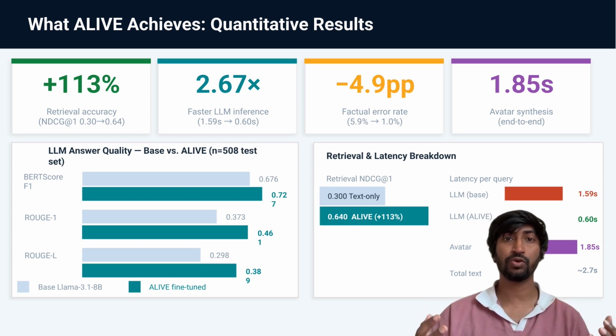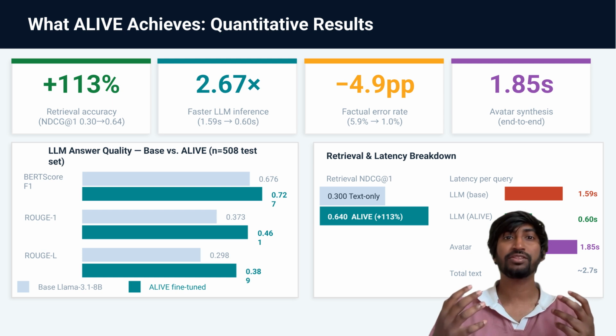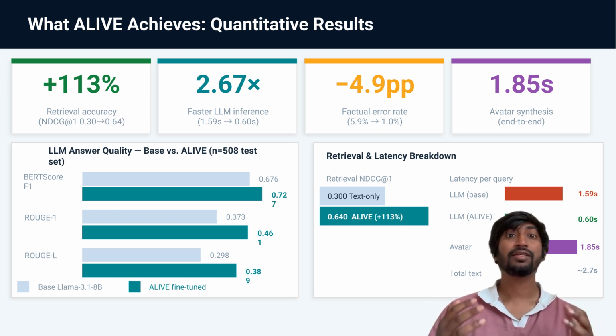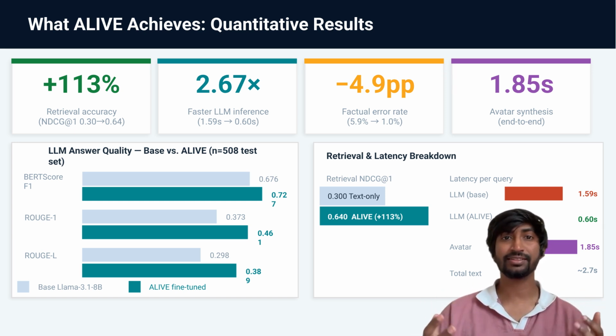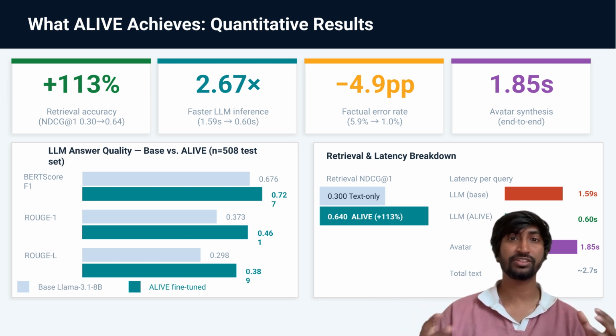The fine-tuned model improved BERTScore and ROUGE scores, and the factual error rate dropped from 5.9% to 1.0% on the test set. Fourth, avatar synthesis takes about 1.85 seconds, which makes avatar-based responses practical during a pause interaction. Overall, these results suggest that Alive can provide faster, more grounded, and more course-specific support than the baseline model in this evaluation.